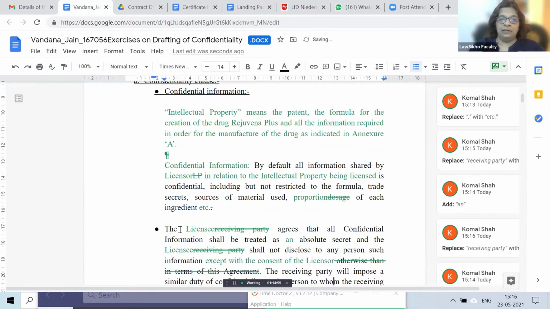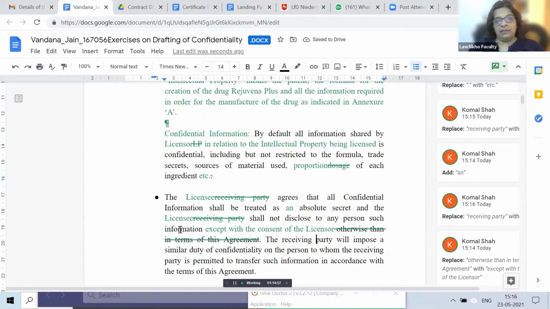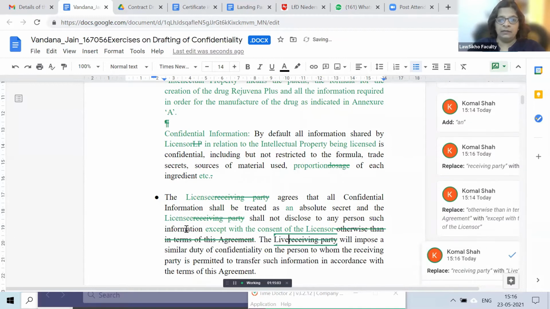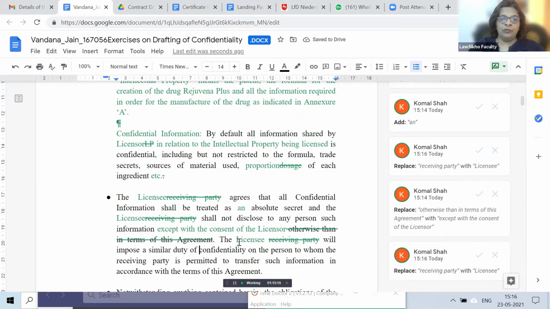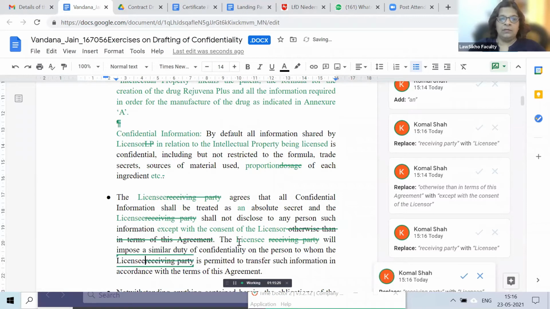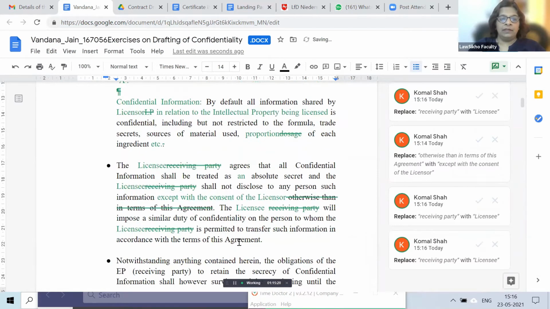The licensee will impose a similar duty of confidentiality on the person to whom the licensee is permitted to transfer such information in accordance with the terms of this agreement.